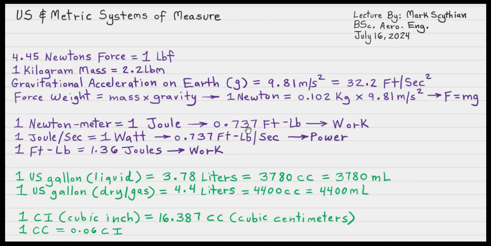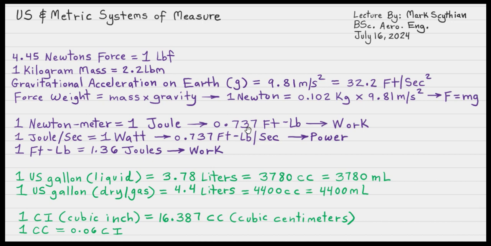1 Newton meter is a unit of work, synonymous with a joule. So force times distance is the concept of work. In the metric system, that is the joule or the Newton meter. This is equivalent to 0.737 foot-pounds of work in the US system of measure.